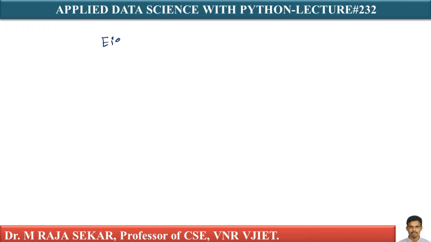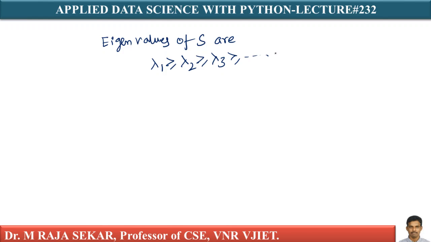Let me assume the eigenvalues of capital S are lambda 1 greater than or equal to lambda 2, greater than or equal to lambda 3, and so on down to lambda 10.